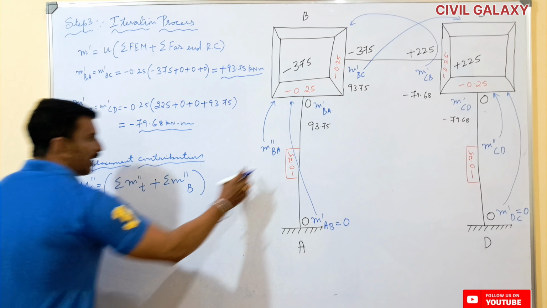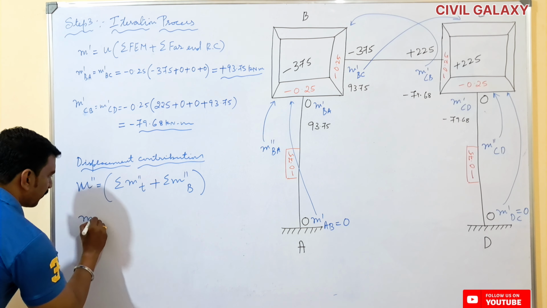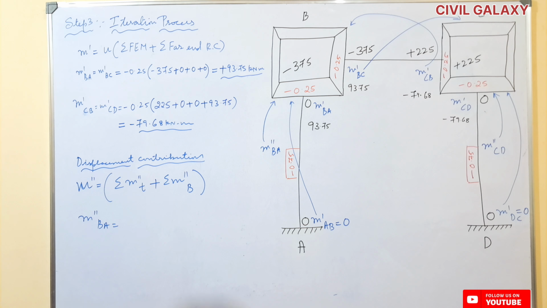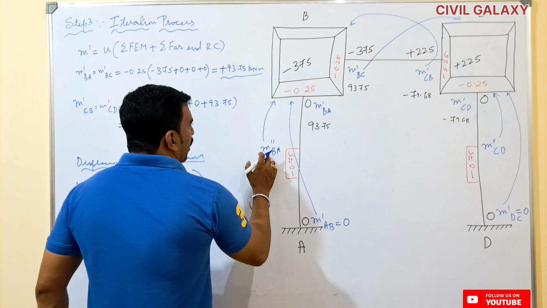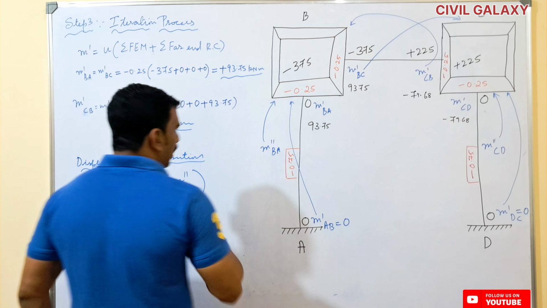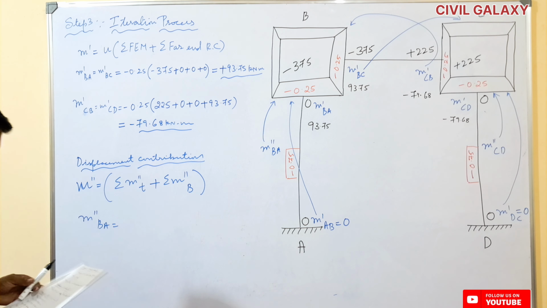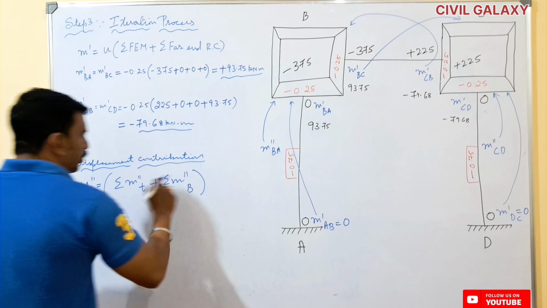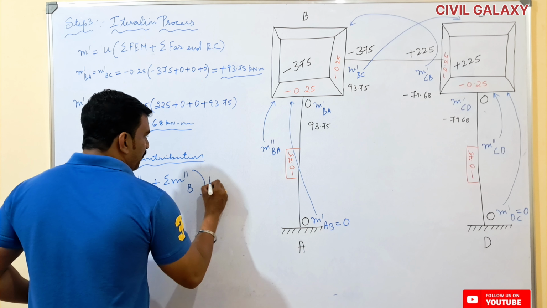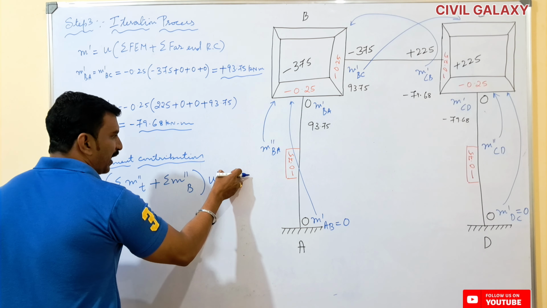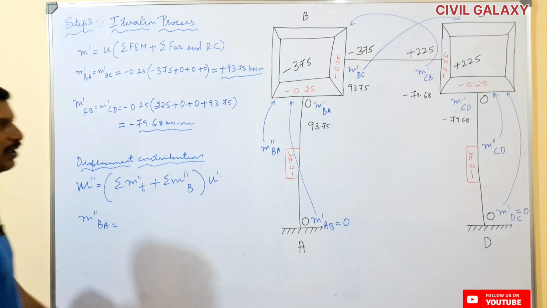So now if you want to calculate M double dash BA, this will be equal to, see here, about this value. Now if I consider this value over here, M double dash at the top, with this one we also need to calculate the displacement factors, that is U dash.